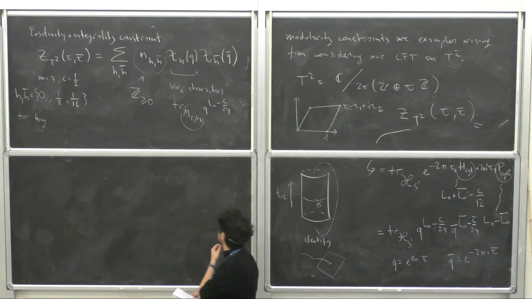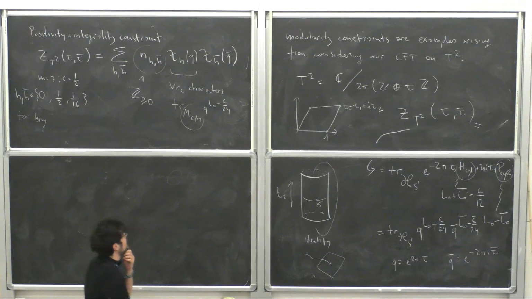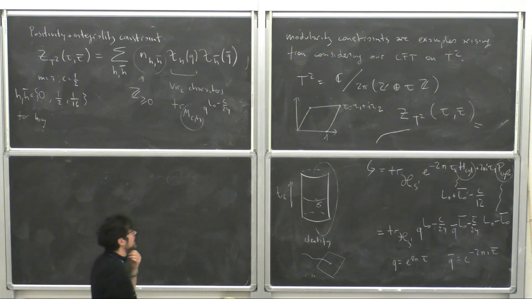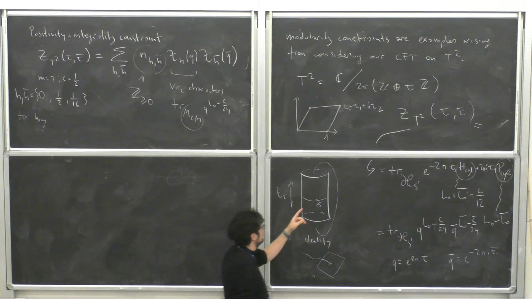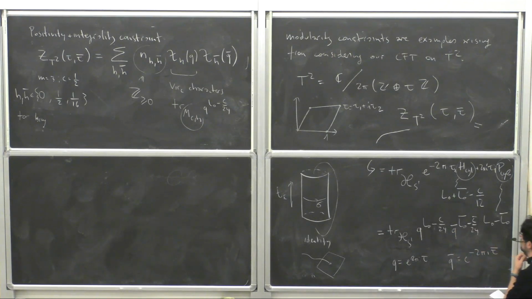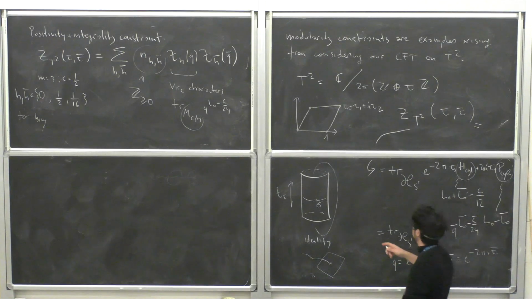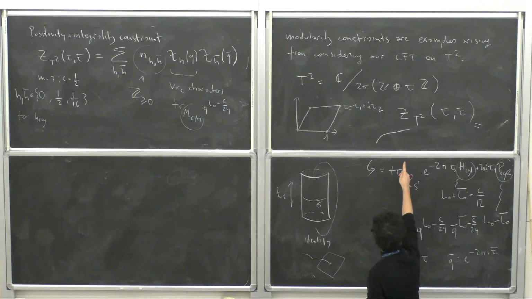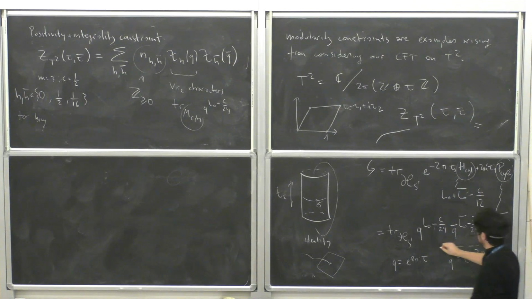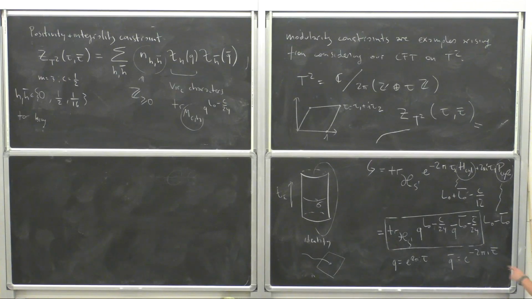So what we were discussing before the break was exploiting locality in the form of modularity constraints that arise on the torus partition function of any CFT of the kind that we are studying. We found that there is a relation between the torus partition function and a trace on the cylinder Hilbert space.